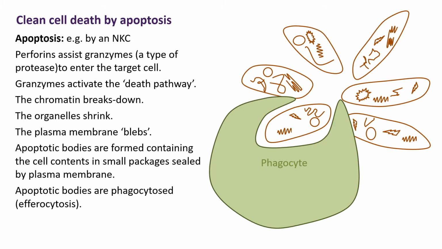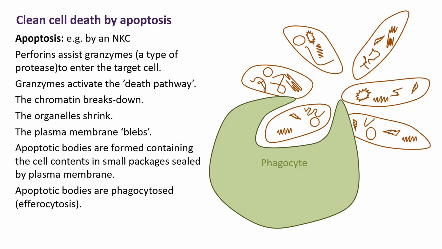Any intracellular pathogens are enclosed. Any lysosomal enzymes are enclosed. They can't do any damage within there. So the apoptotic bodies are formed and they contain the cell contents in these small packages sealed by plasma membrane.